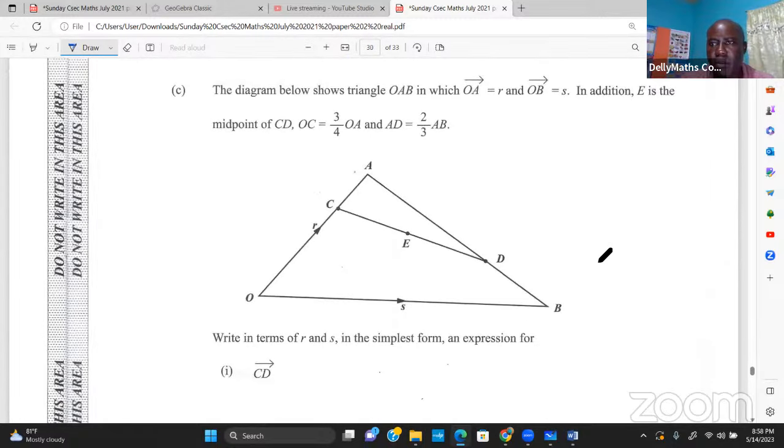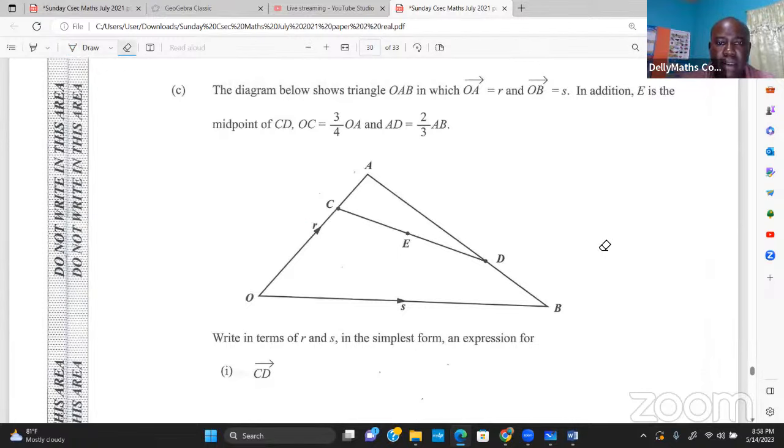Ready again? Looking at a vector question now. Almost done. Come on, let's go. So the vector question says the diagram below shows the triangle AOB, in which OA is r. You're seeing that this is r.